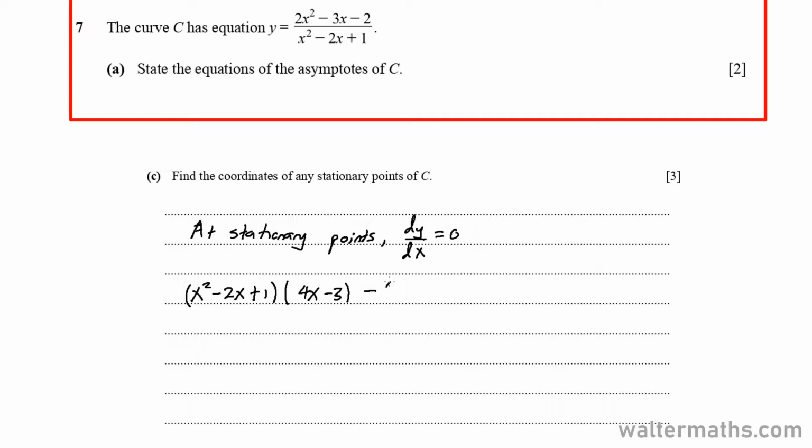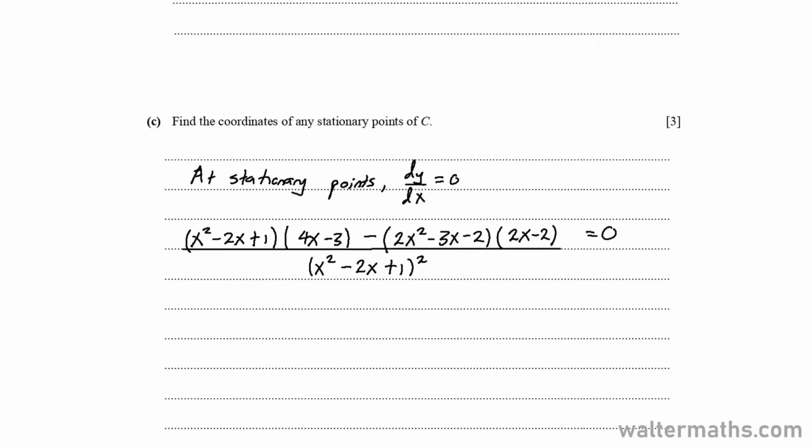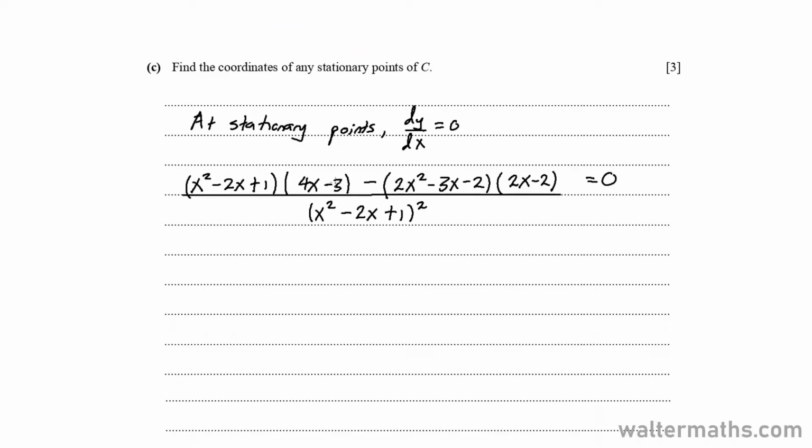And that's going to be minus, and I'll have the numerator 2x squared minus 3x minus 2, multiplying the derivative of the denominator, which will give us 2x minus 2. And that's over the denominator squared, so that's x squared minus 2x plus 1 squared, and that's all equal to 0.